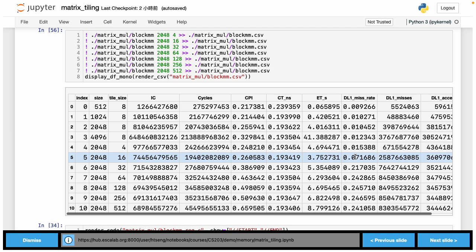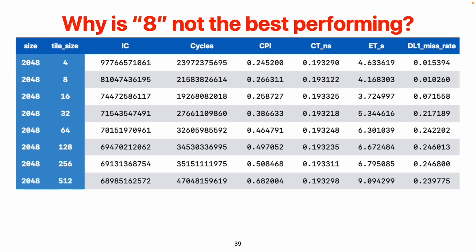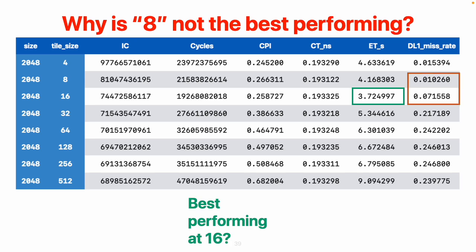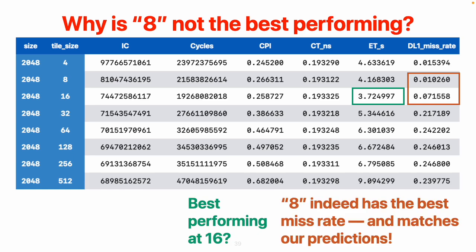Instruction count, right? If you pay careful attention to the data we got, first of all, we pick 8x8 as the tile size we want. And that's indeed correct because the miss rate is actually the lowest. However, in terms of the runtime, 16 is the best. And the reason is that if you check the instruction count, that actually makes a significant difference.